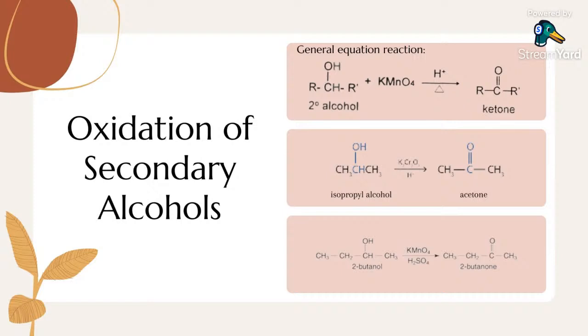Selain itu, dia juga dapat bertindak balas dengan K2Cr2O7H+. Dan kedua-dua reagen ni dalam keadaan dipanaskan. Jadi kita boleh tengok example dia. Salah satu secondary alcohol iaitu isopropyl alcohol CH3CHOHCH3 bertindak balas dengan K2Cr2O7H+ dipanaskan menghasilkan aseton.